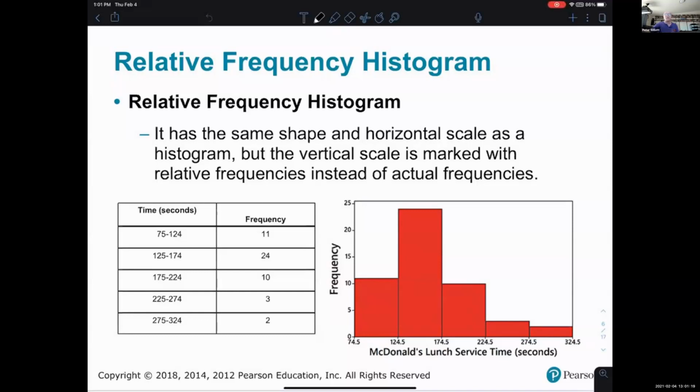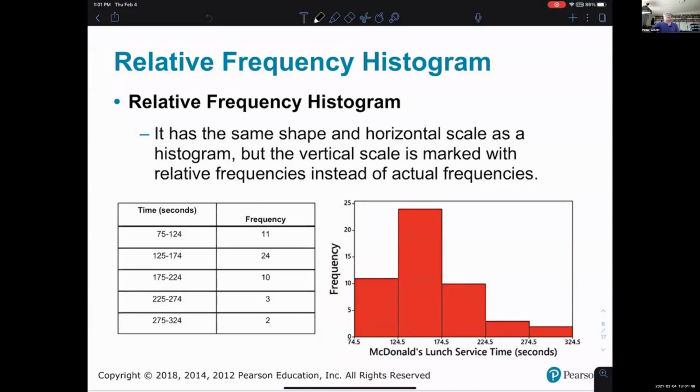You can see along the bottom horizontal axis that the range of values of 75 to 124 would be in this range of 74.5 to 124.5. And that the height of the bar in that range goes up on the vertical frequency to a height level of 11. And that's because there were 11 values in that range. There were 11 of the data values that were in this value range.